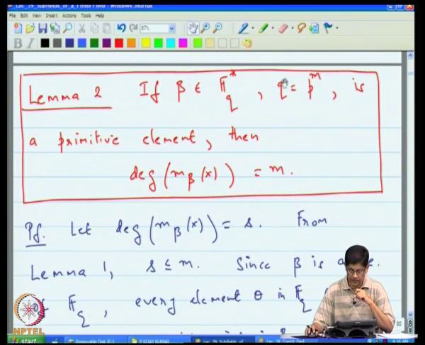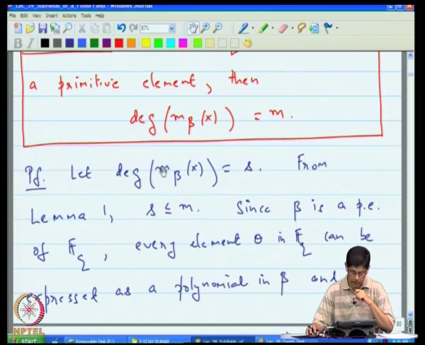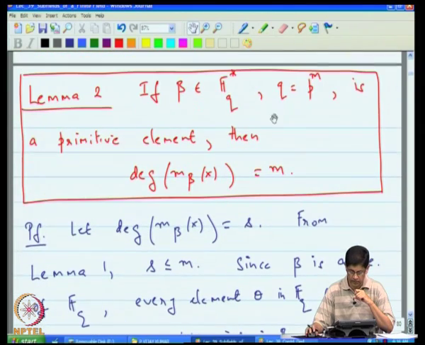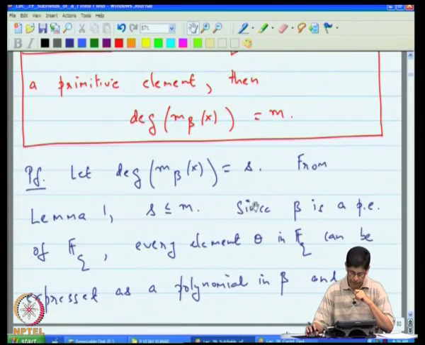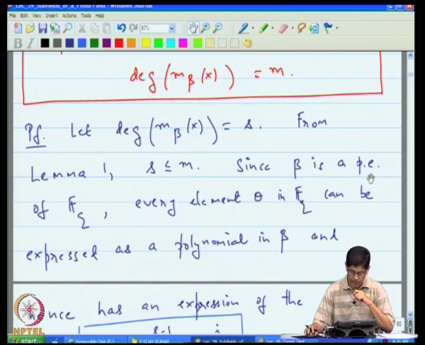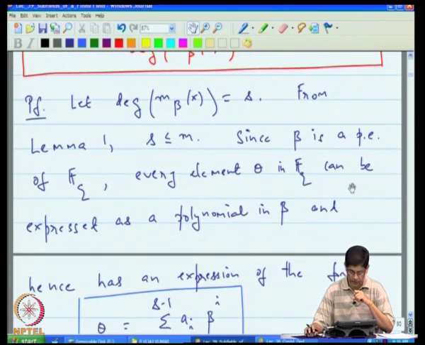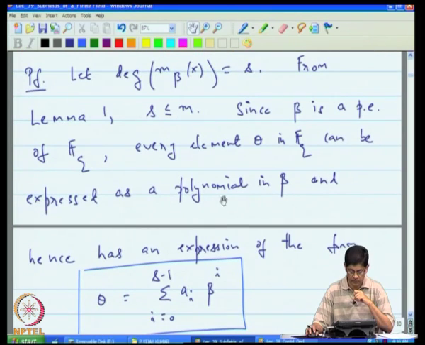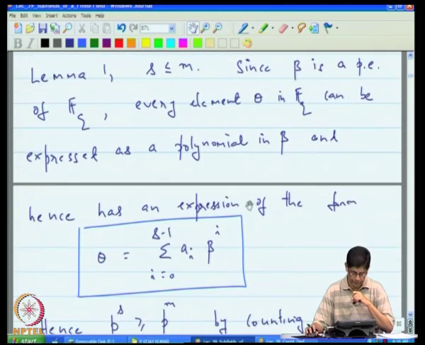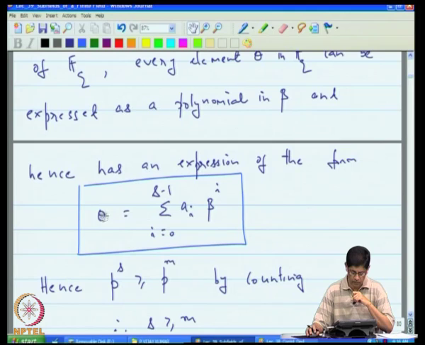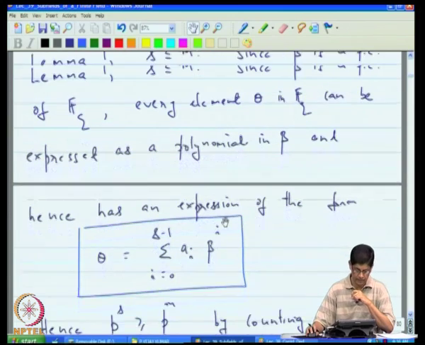Because we are dealing with the same finite field, the degree is less than or equal to the exponent in the size of the finite field. But since beta is a primitive element of the finite field, every element theta in the finite field can be expressed as a polynomial in beta, and therefore has an expression of the form theta equals the sum for i equal to 0 to s minus 1 of a_i beta to the i.